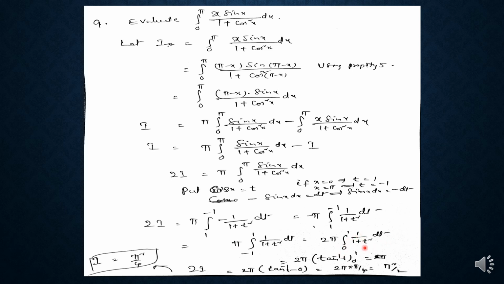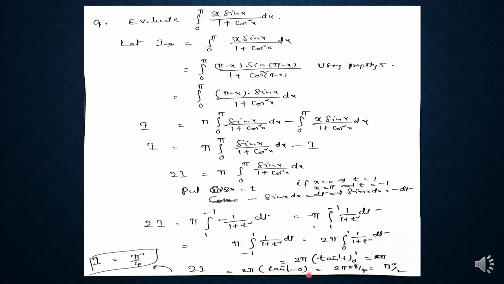Integral 0 to 1 by 1 plus x square dx is tan inverse x. So integral 0 to 1 by 1 plus t square dt is tan inverse t. 2 pi into tan inverse t from 0 to 1. Now by substituting the limits, that becomes 2 pi into tan inverse 1 minus tan inverse 0.